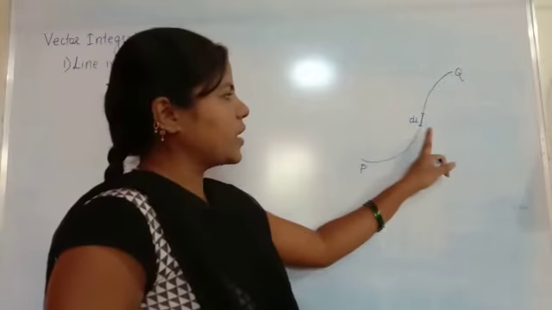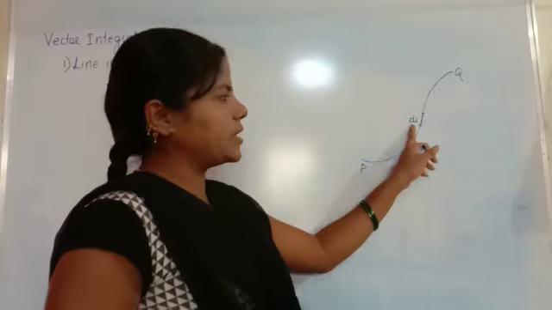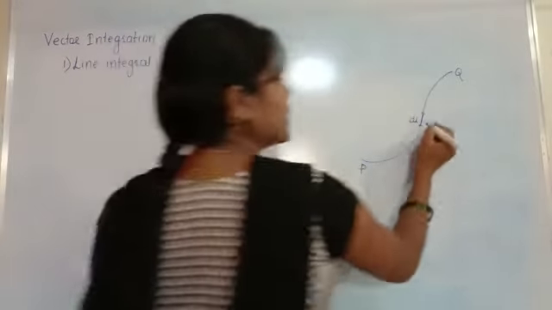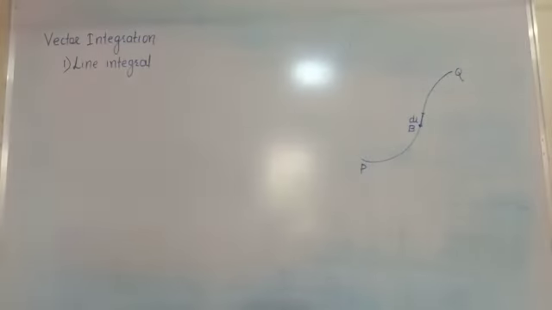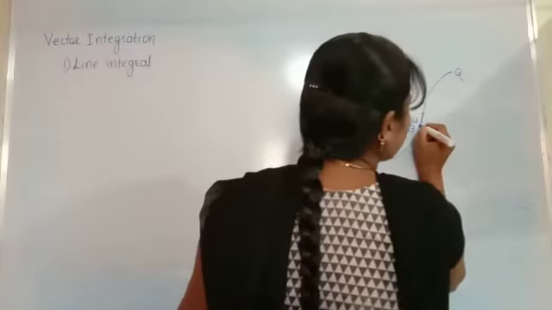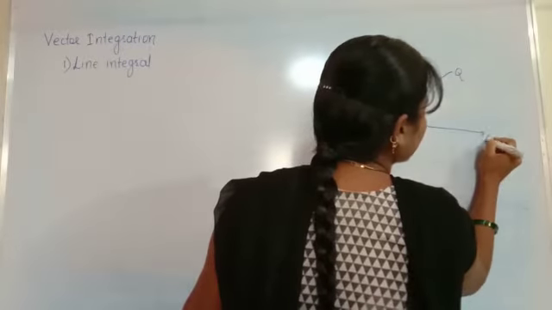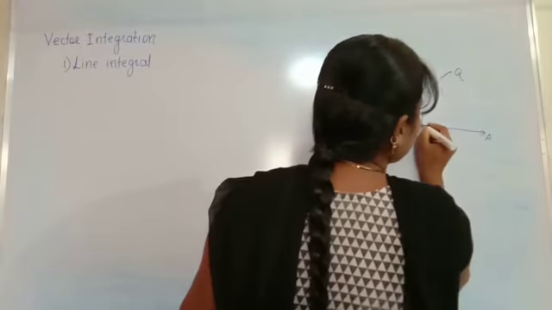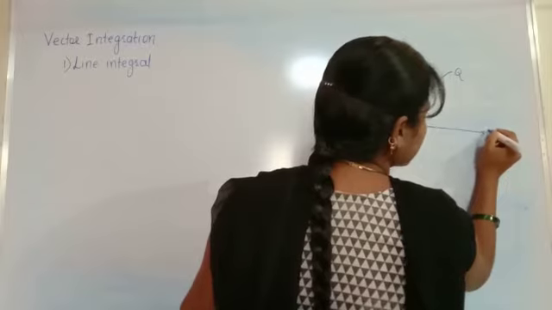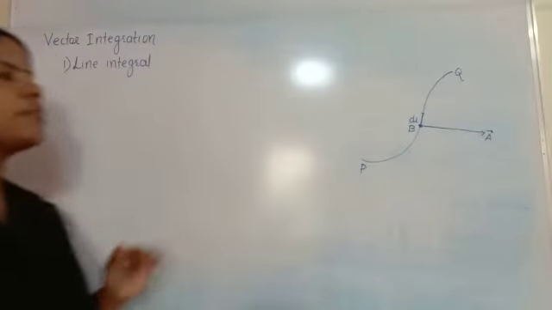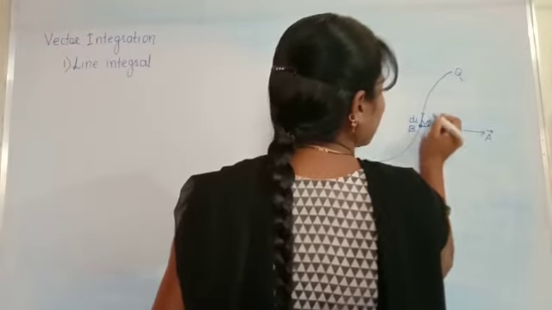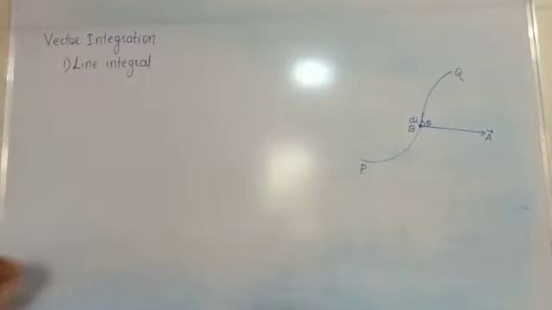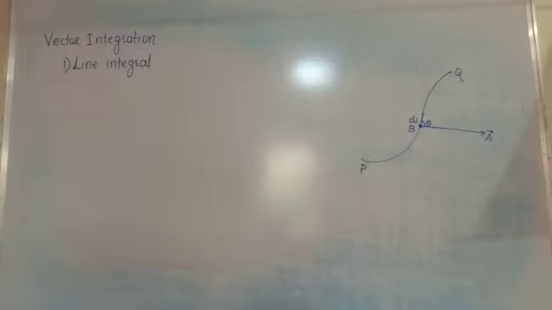In that curve we are taking the small portion of length dl at point B. So this is the point B. From that we are drawing a vector A in the outward direction. So this is the vector A, making an angle theta with this line dl.